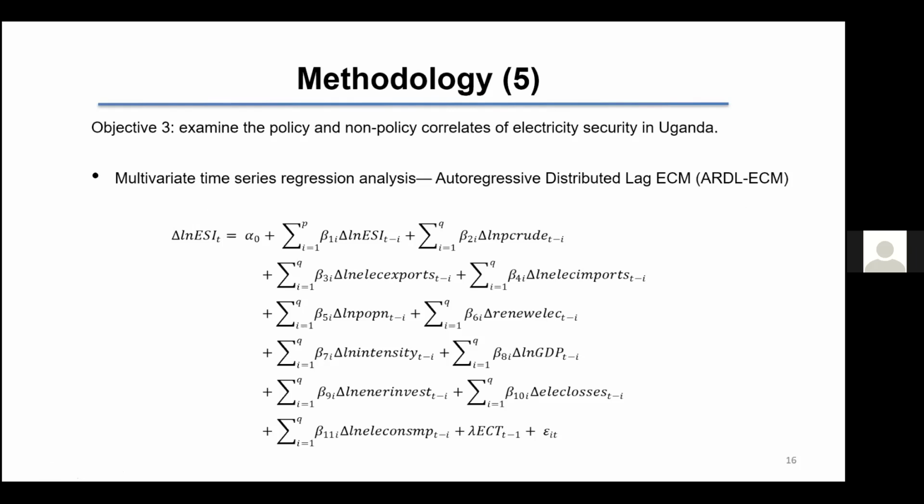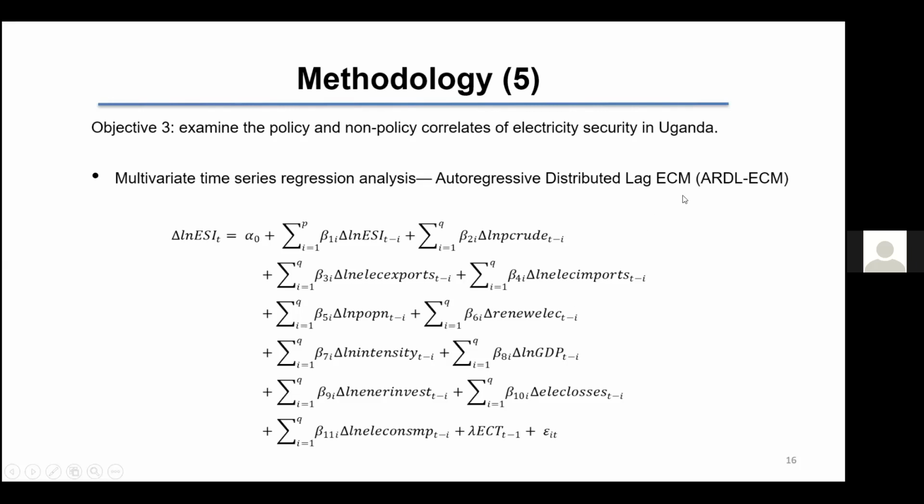Why, I'll mention later, because as conceptualized earlier, electricity security has some autoregressive behavior. That the security we are talking about today has a bearing on past behavior in terms of numbers or what we associate with this particular cause.